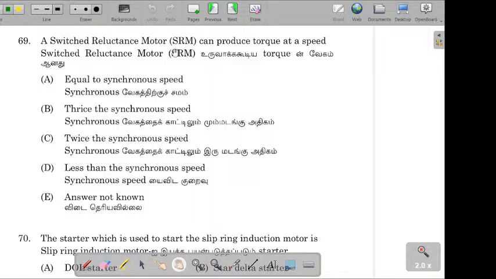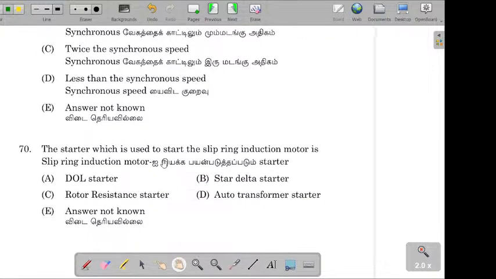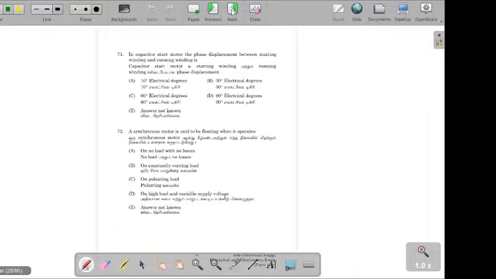A switched reluctance motor SRM can produce torque at a speed equal to synchronous speed. The starter which is used to start the slip ring induction motor is rotor resistance starter.